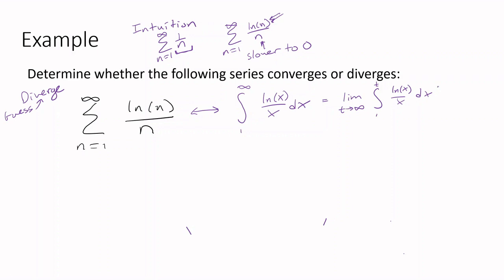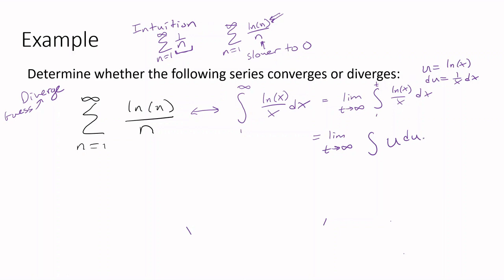Then we have to rack our brains a little bit, but hopefully we see that it's not too bad to do a u sub here. U being natural log of x, the derivative of that is 1 over x dx. And so this becomes the limit as t goes to infinity of the integral of u du.